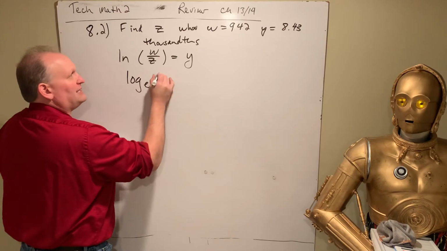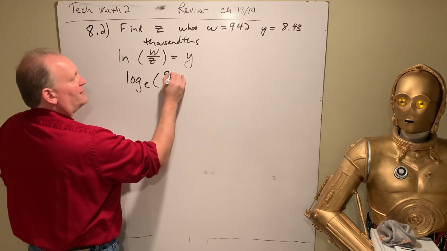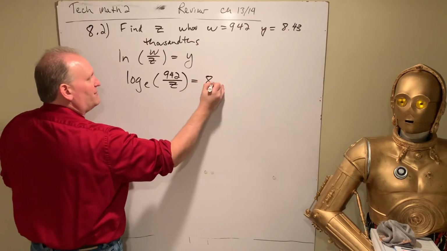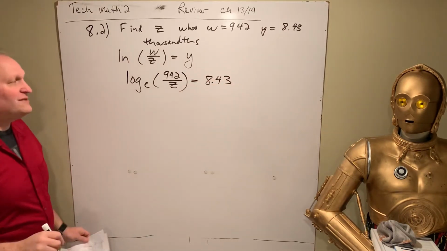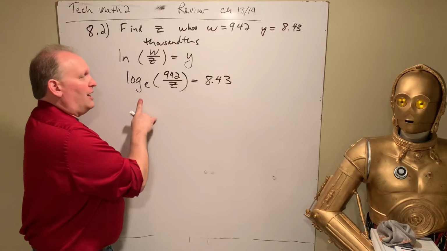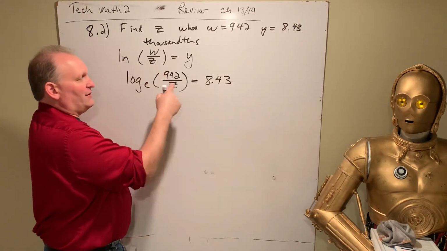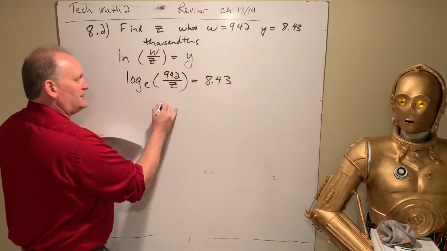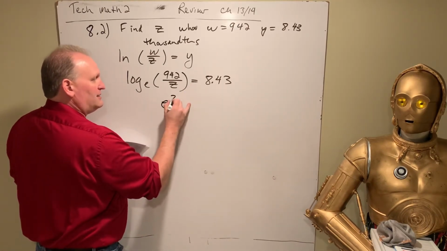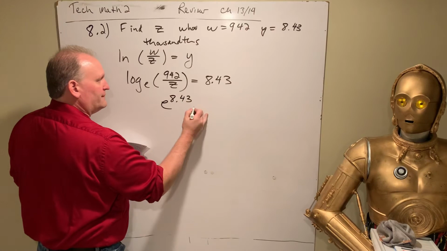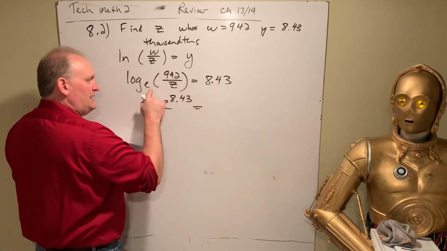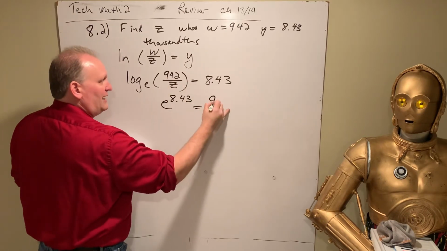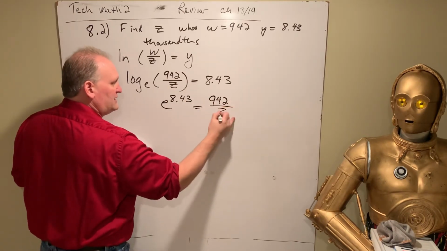So log base e of 942 divided by what we're looking for, z, is equal to 8.43. So we have to rewrite this without the log because we can't take ln of a variable on your calculator. So we have to rewrite this as an exponential. So e to this power is equal to this thing, 942 over z.